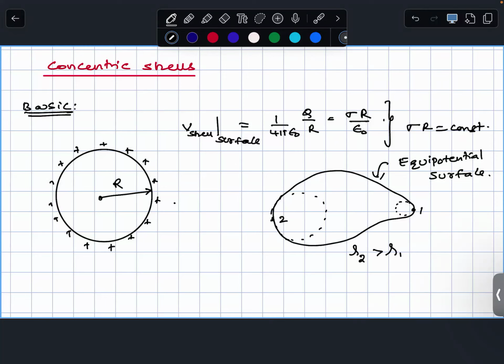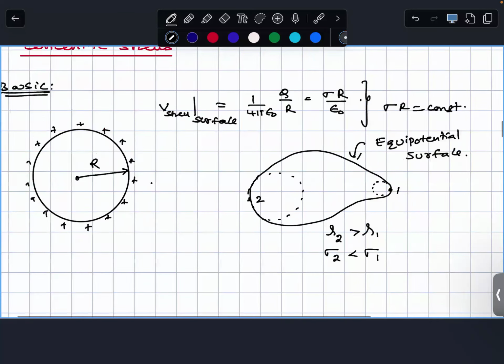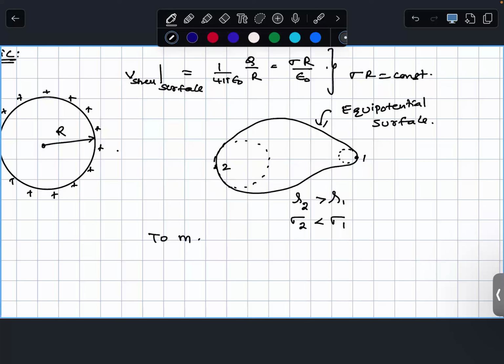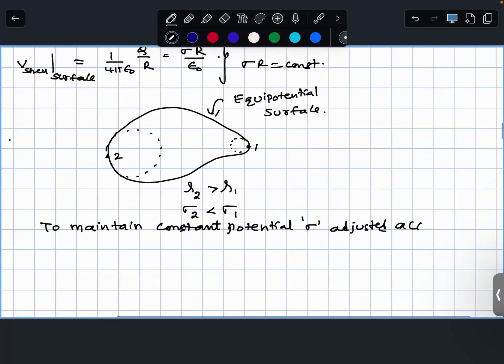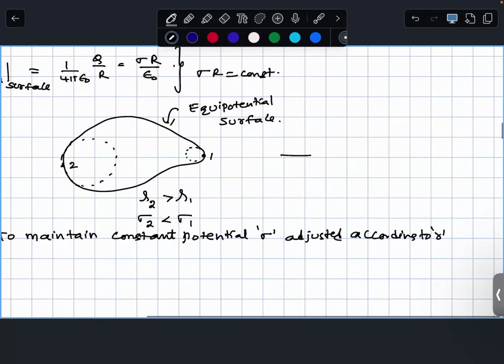Agree? Therefore, sigma 2 will be less than sigma 1. Why? To maintain the potential constant, the distribution gets adjusted. To maintain constant potential, sigma is adjusted according to R. In the same, there is a special case.